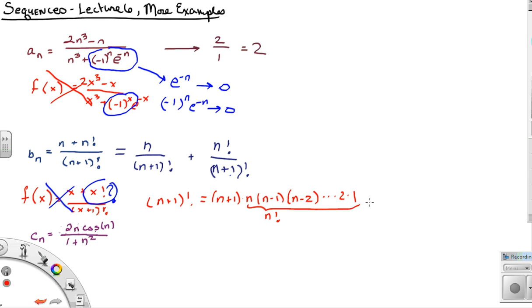So this is equal to n plus 1 times n factorial. Or we could think of it also as (n plus 1) times n times (n minus 1) factorial. So that's going to work with both of these situations.